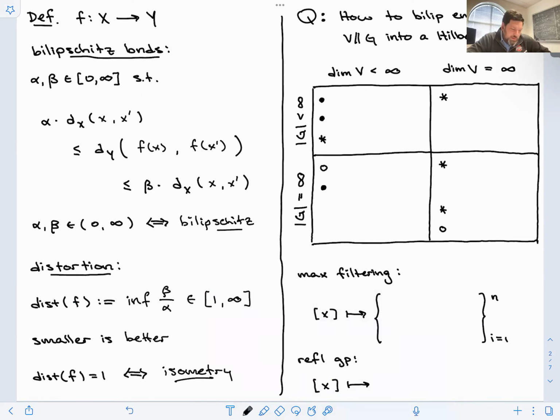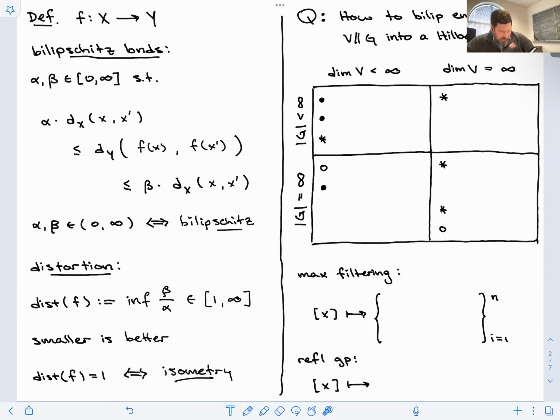Okay. So the question that we're interested in answering is, how do we Bilipschitzly embed our metric quotient into a Hilbert space? At the moment, we're not going to be terribly worried about the dimension of that Hilbert space. We just want to know, how do we embed it into some Hilbert space? What does it take?